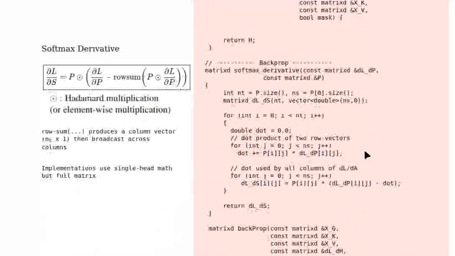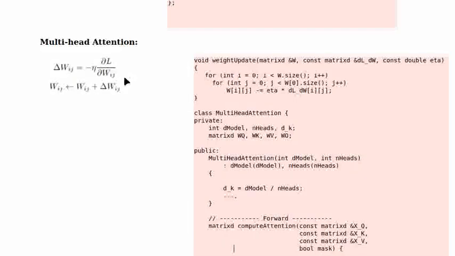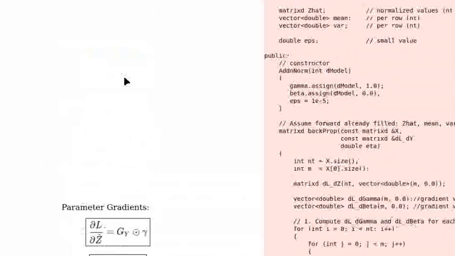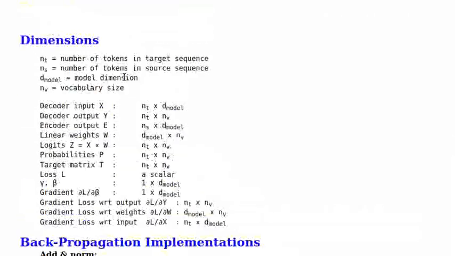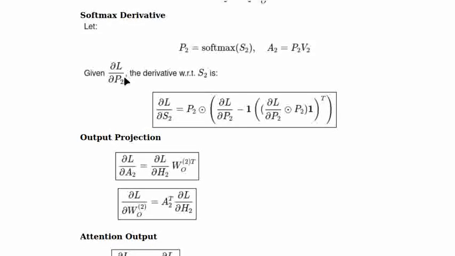Now, these are the routines for the backpropagation implementation. We need a function to implement the softmax derivative that we mentioned earlier. Okay, so this formula.